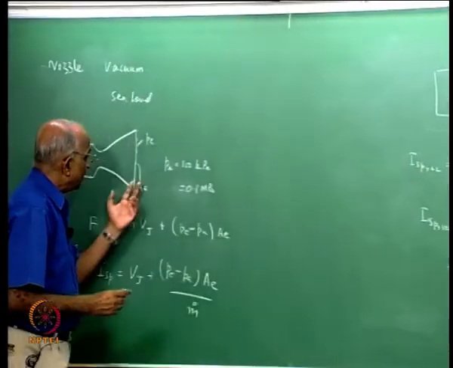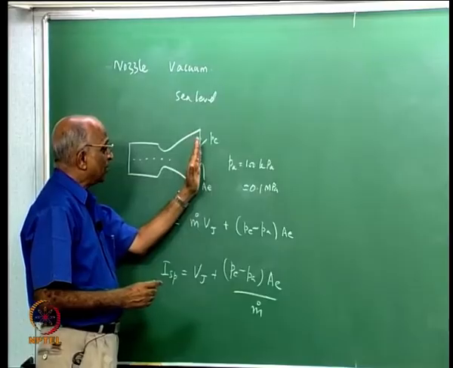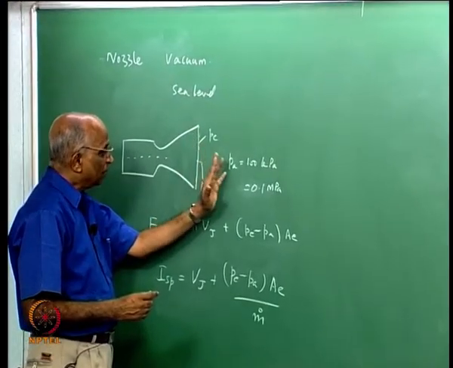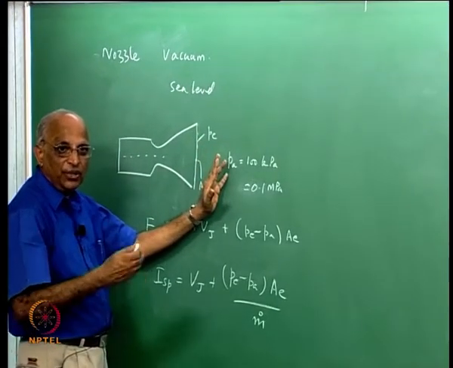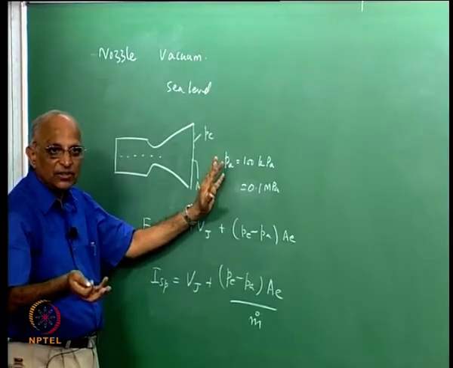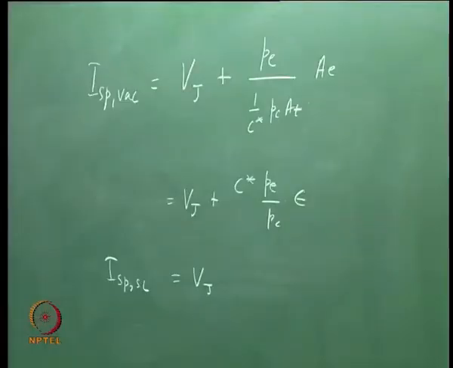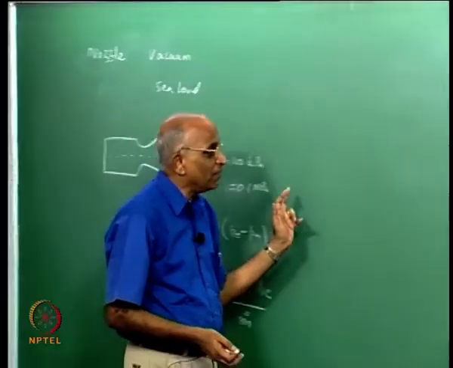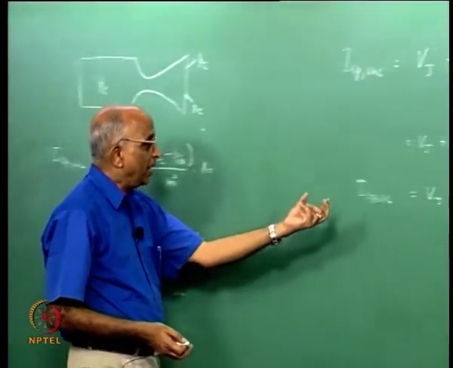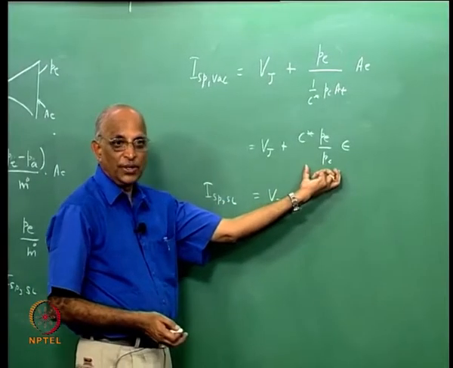All I am saying is, if the exit pressure was the same as the ambient pressure, for which we told ourselves the Cf is a maximum, we would have got ISP equal to Vj alone. Whereas the same nozzle, when I fly in vacuum, I get an additional contribution coming over here.